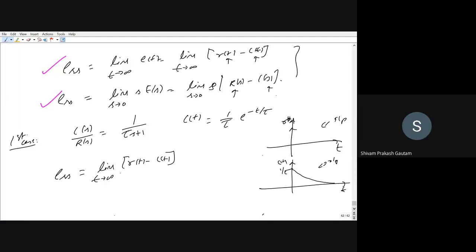Yes, sir. Okay. So now check at t equal to infinity. What is the value of r(t) at t equal to infinity? Tell me.